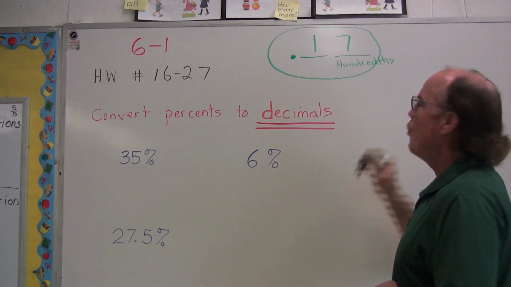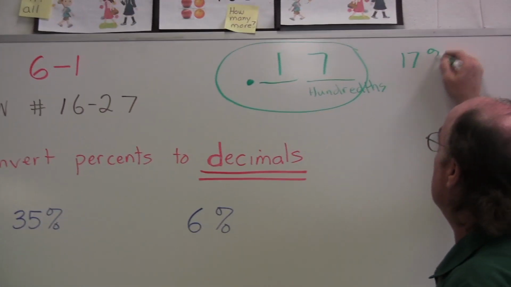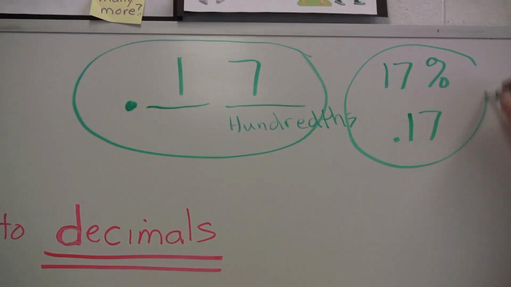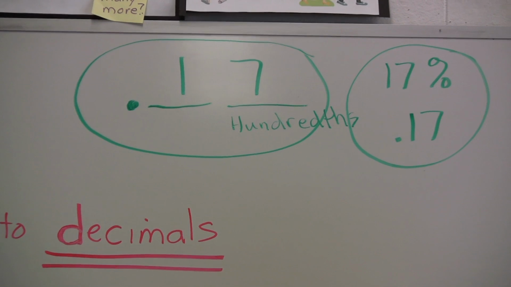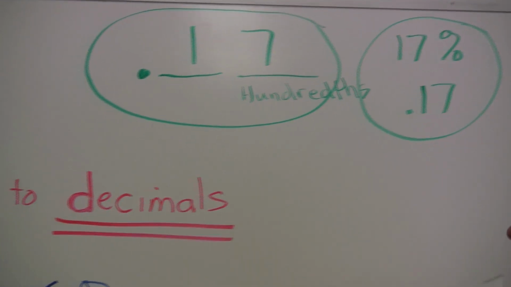And of course, what does percent mean? It really means hundredths. 17% is 17 hundredths. Hundredths, cent, same thing basically.